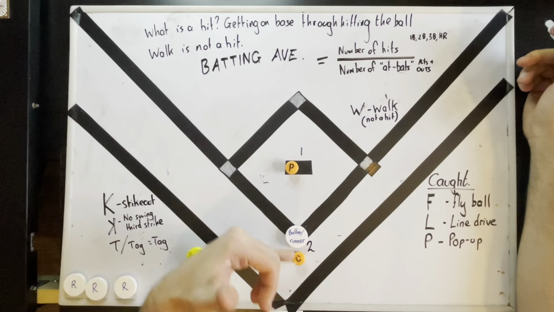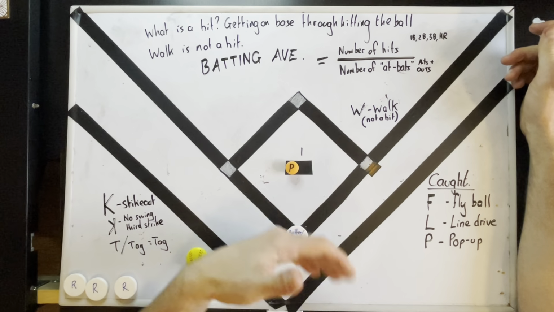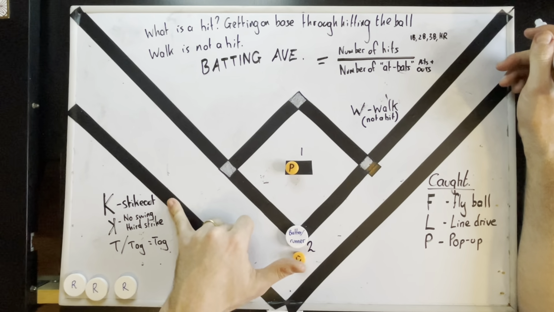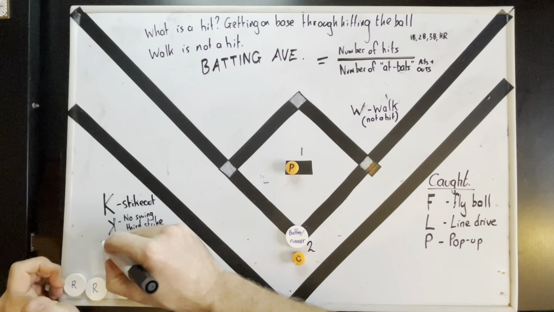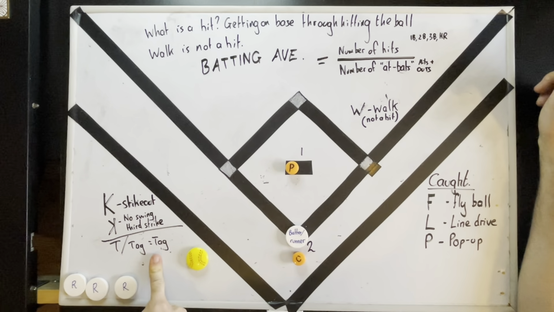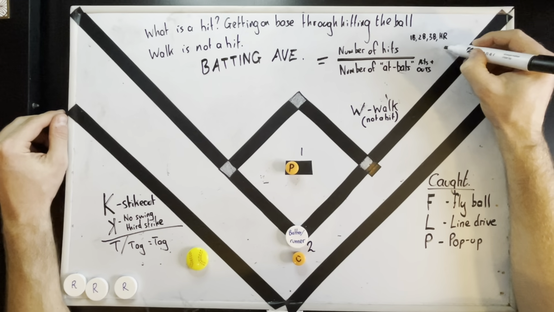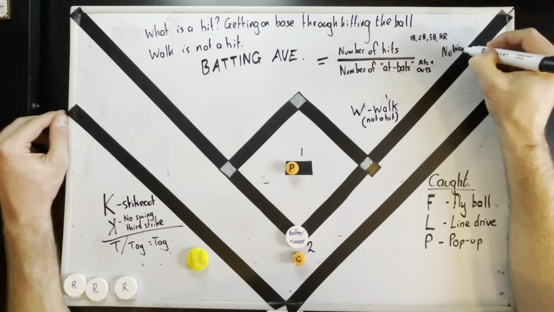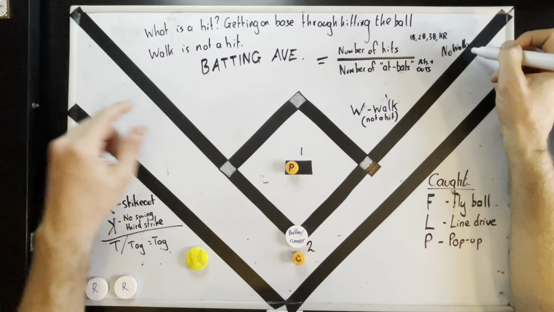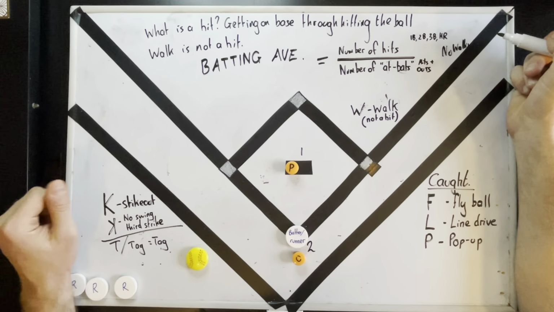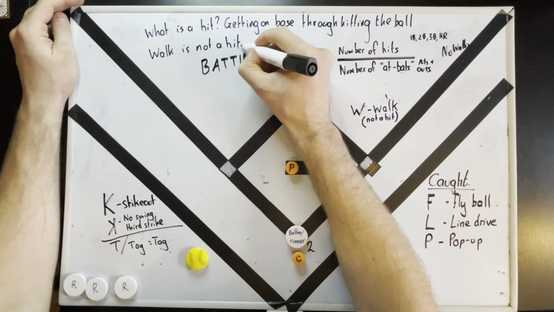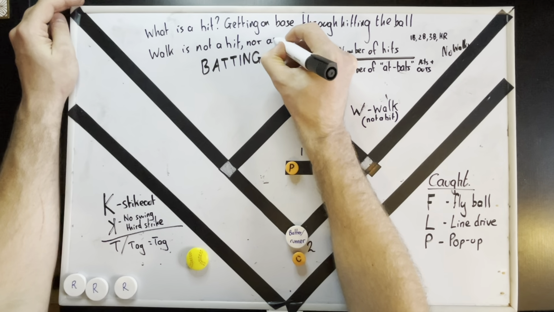So if you hit the ball and you were caught, no matter where, or if you struck out, okay, it doesn't classify tags, because you would only ever tag if you got onto base. So in this case, note that there are no walks in any of these. A walk doesn't classify as a hit, and a walk doesn't classify as an at-bat.